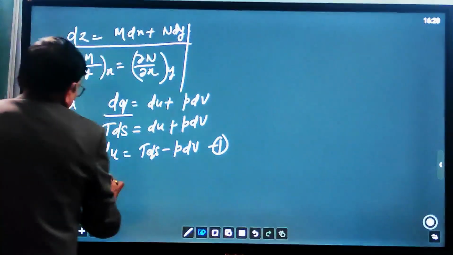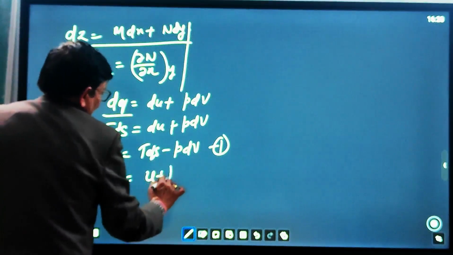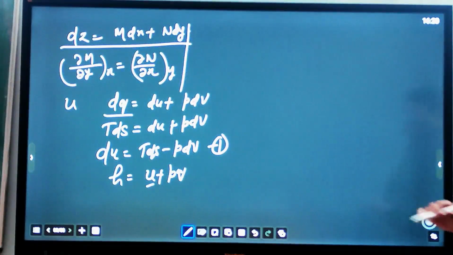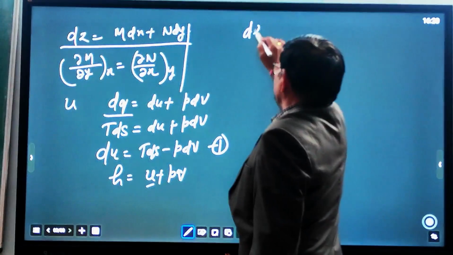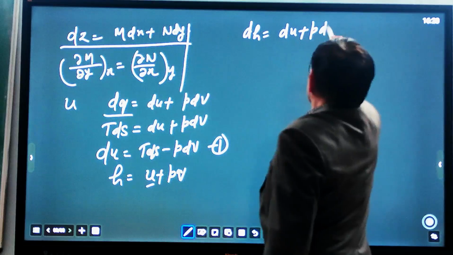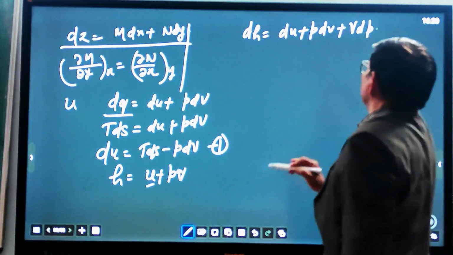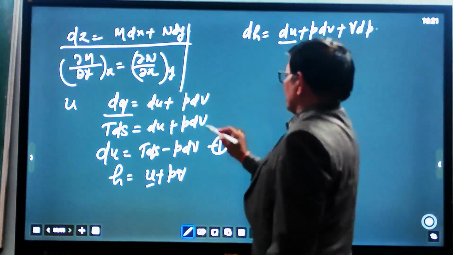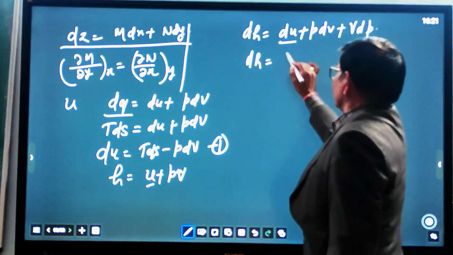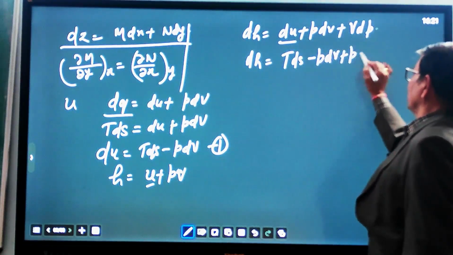Second, H equal to U plus PV, internal energy plus the product of pressure and volume. So dH equal to dU plus PdV plus VdP, differentiating it, and putting the value of dU from equation number 1: dH equal to TdS minus PdV plus PdV plus VdP.